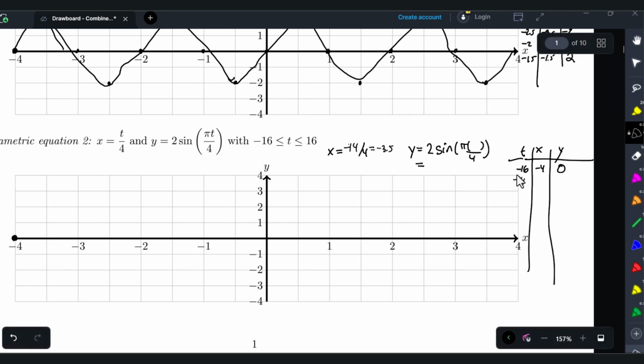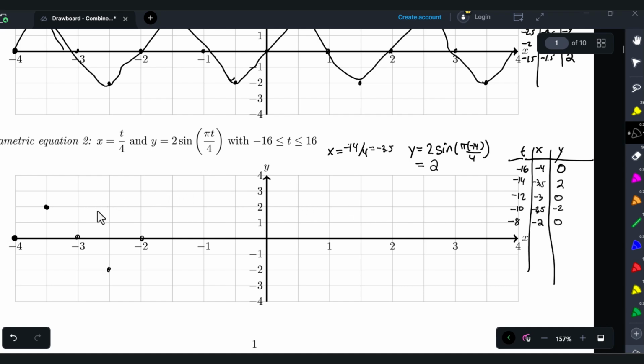If I take a two-step time step, so t is -14, I substitute that into my equation for the x-coordinate and get -3.5. To find the corresponding y-coordinate, I do the same trick, plug in -14 for t, calculate, and I get +2. Thus, the next point I'm going to plot is at coordinates -3.5 for x and 2 for y.